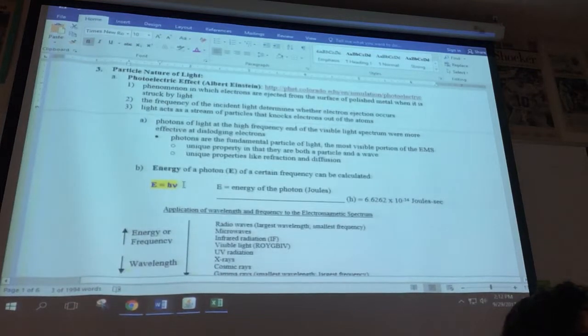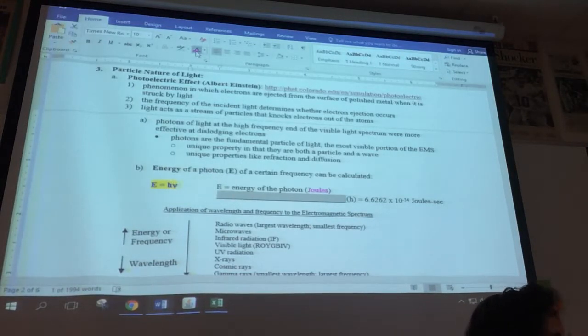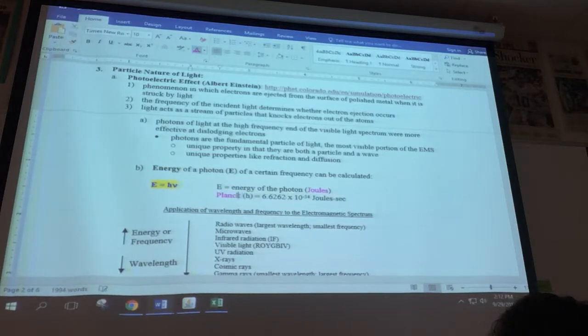We're going to also look at the direct relationship between energy and frequency. So the energy of a photon at a particular frequency or wavelength can be calculated. Energy has a unit of joules. H is known as Planck's constant. So that's a constant that will be provided to you. That one also is on the back of your periodic table.